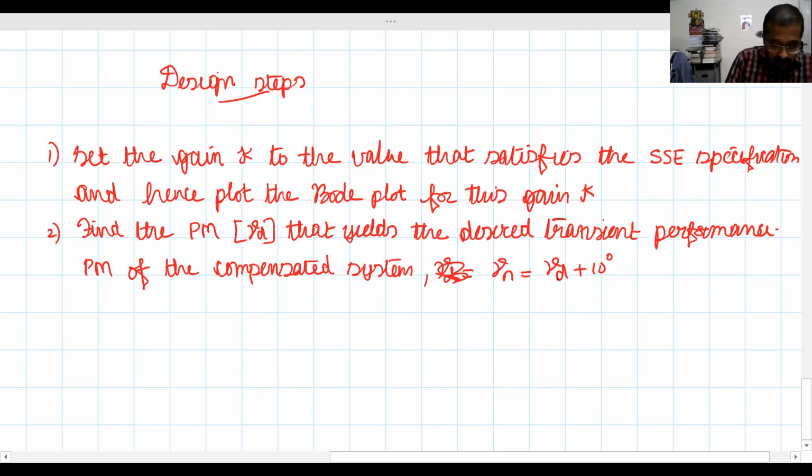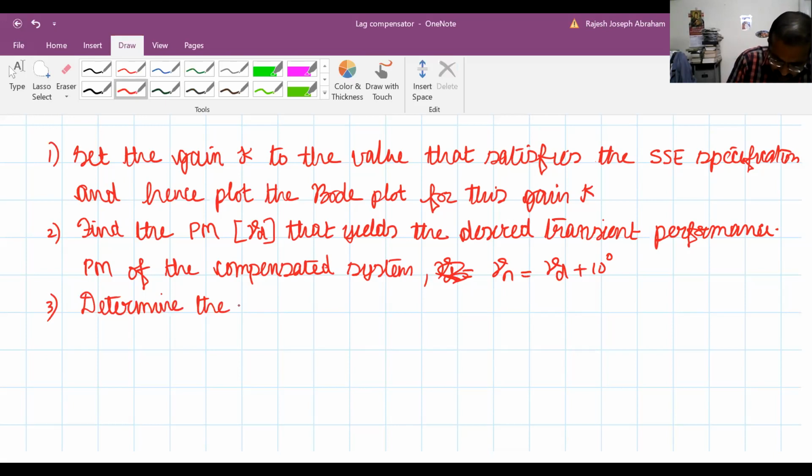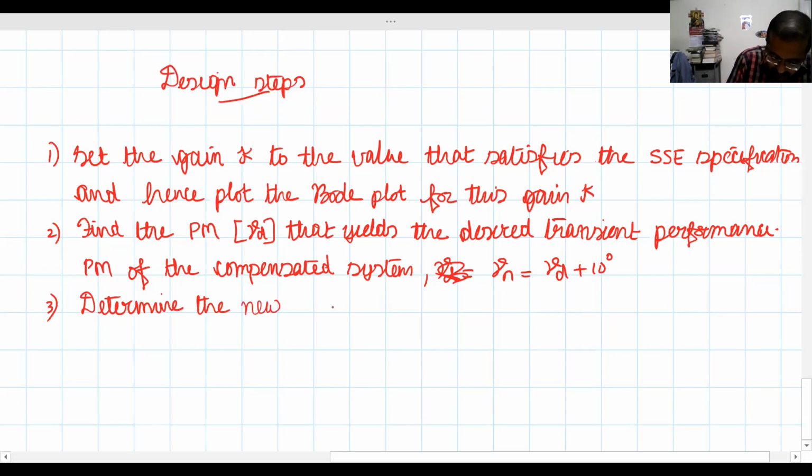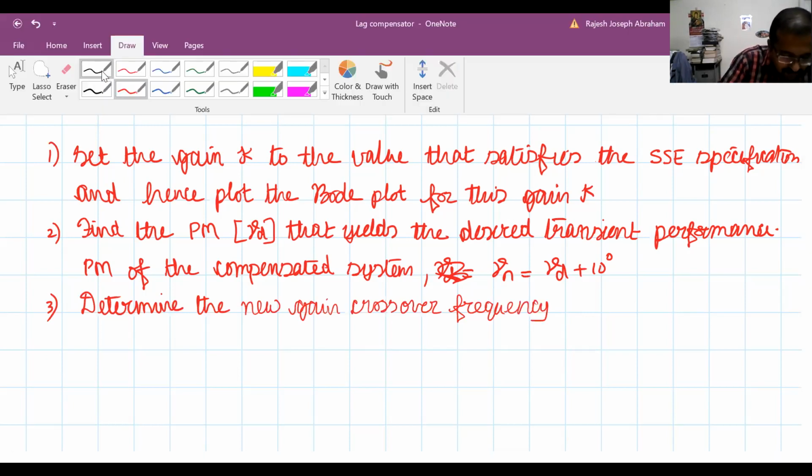Okay. 3. Determine the new gain crossover frequency omega GCN.